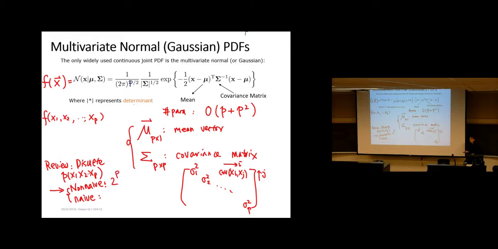And for the naive case, 2p, 2 times p. Who has a question about this? And this is just to give you a comparison for the Gaussian case. In the Gaussian case, you need p plus p quadratic parameters.